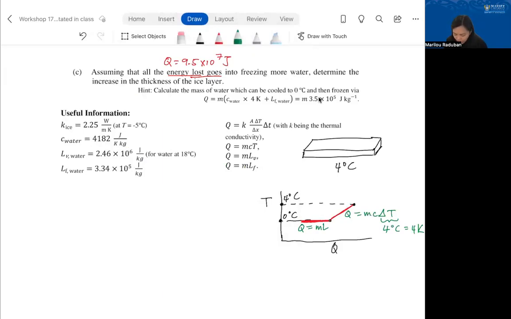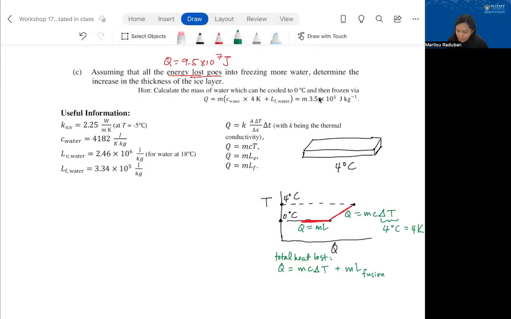So the total heat lost, Q, goes into changing the temperature, Q equals mc delta T, plus changing phase, Q equals mL. You're freezing, so that will be the latent heat of fusion, m L fusion.